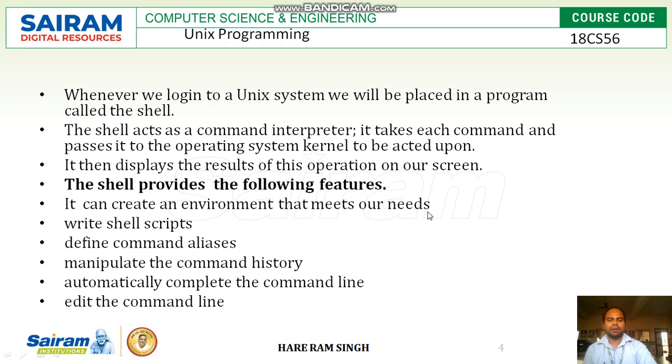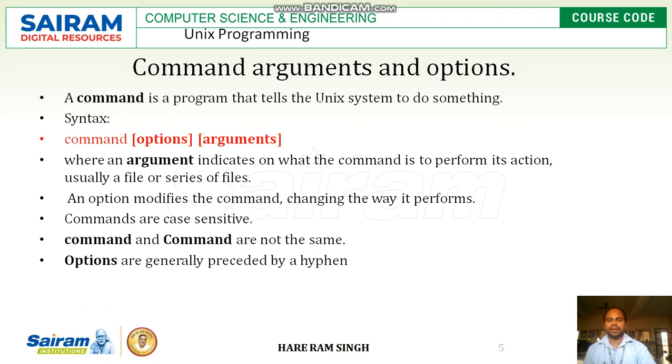It can create an environment that meets our needs, allowing us to execute our commands. It writes shell scripts, defines command aliases, manipulates the command history, automatically completes the command line, and edits the command line. These are some more features a shell has.